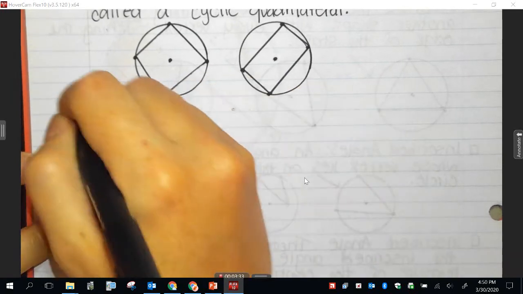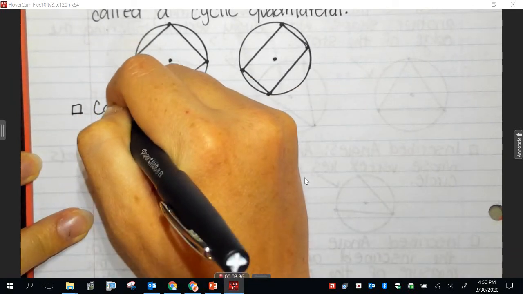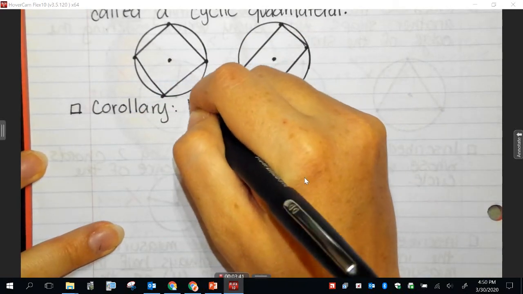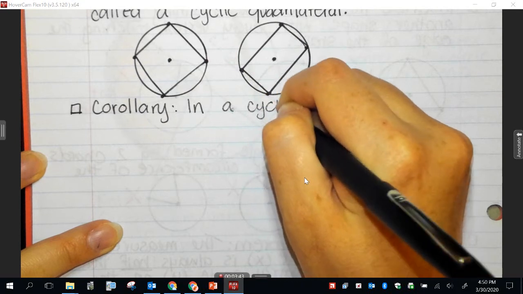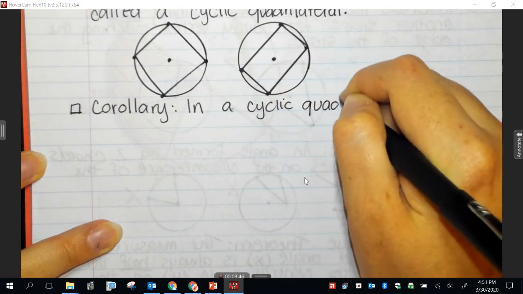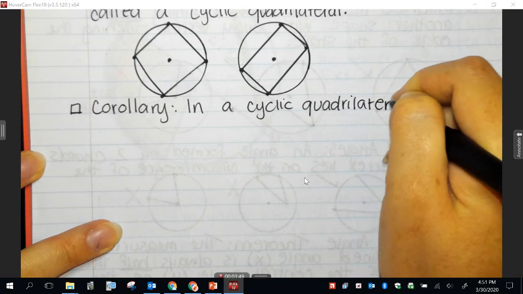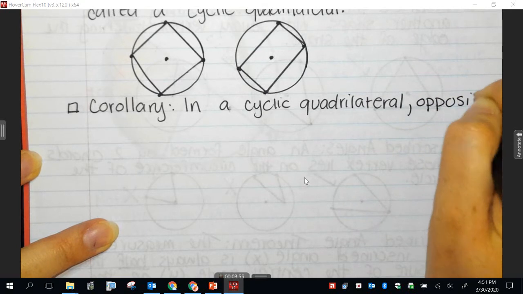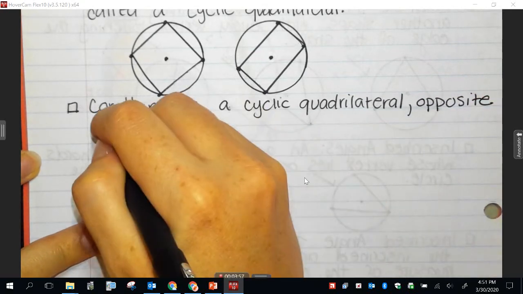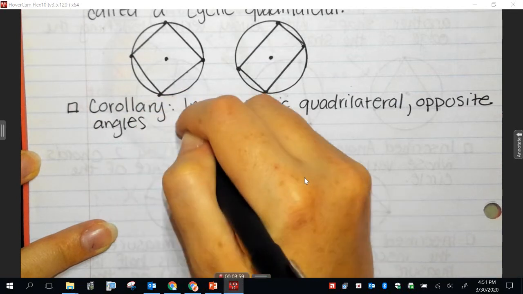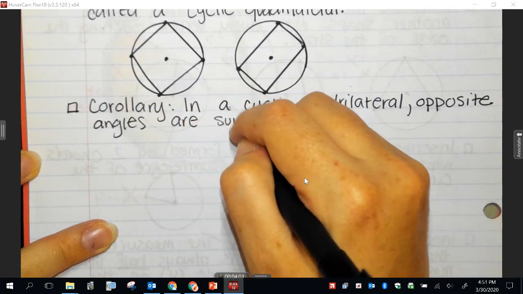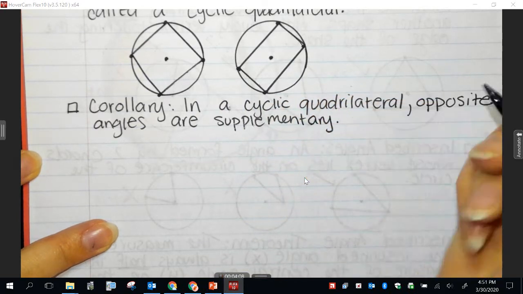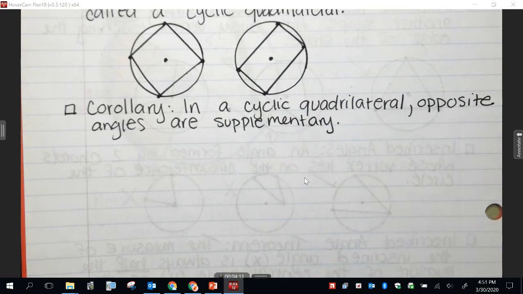Okay, so we'll write that down. So, next section we have a corollary. In a cyclic quadrilateral, opposite angles are supplementary. Which, remember, means that they sum to 180.